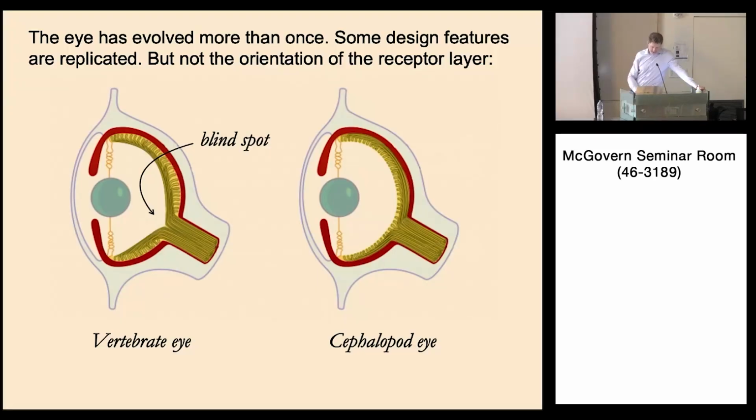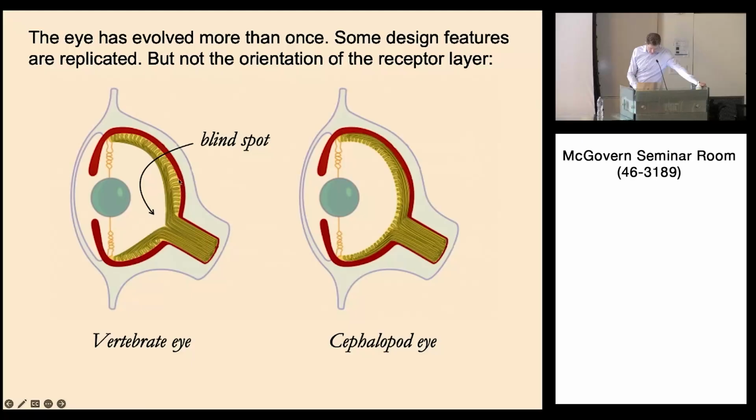In particular, this feature of the receptor layer being oriented backwards is something that you see in vertebrates, but that you don't see in cephalopods. Cephalopods are things like squids and octopi. You see a structure that looks like an eye, but in the octopus, the photoreceptors actually come first, followed by other stuff.